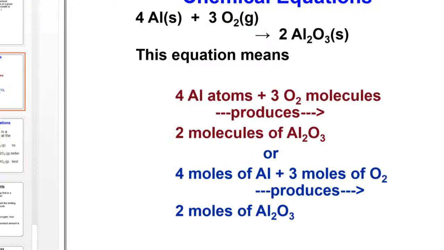Looking at a balanced equation, for example, aluminium plus oxygen giving you aluminium oxide. You have those stoichiometric coefficients: 4 on aluminium, 3 on oxygen, 2 on aluminium oxide. What does that mean?